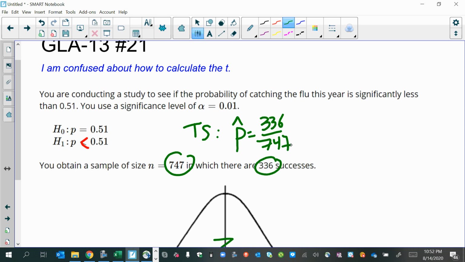Okay, so that'll be our proportion from the sample. And we're testing that against this default assumption that the proportion is 0.51 for the whole population. And we got this result from a sample, and we're going to see if that seems like it could have happened by chance, or if maybe the null hypothesis is incorrect.